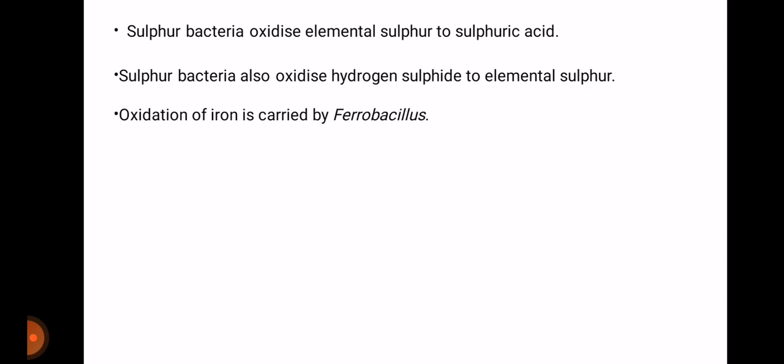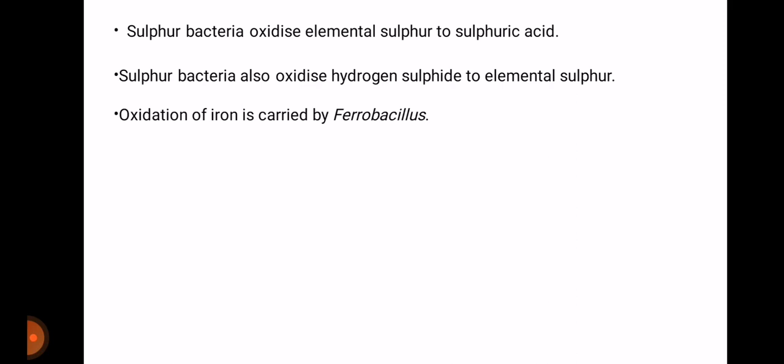And sulfur bacteria can also oxidize hydrogen sulfide, that is H2S gas, to elemental sulfur. These sulfur bacteria oxidize hydrogen sulfide, and along with the hydrogen sulfide gas, they take some amount of oxygen also, that gives elemental sulfur. And oxidation of iron is carried out by the ferrobacillus.